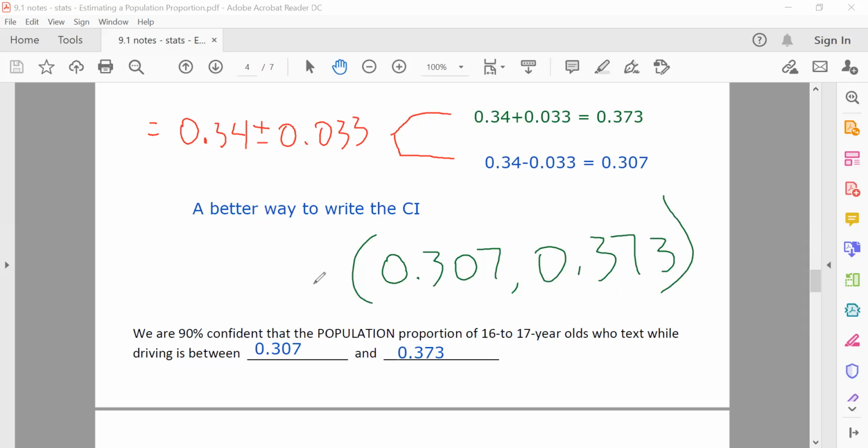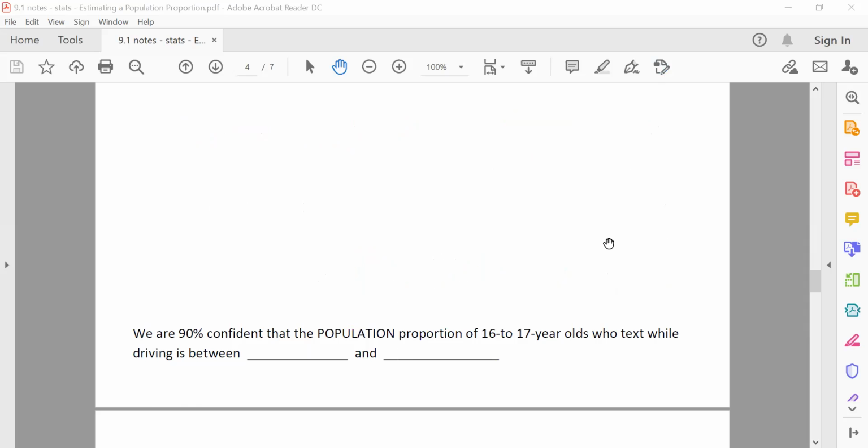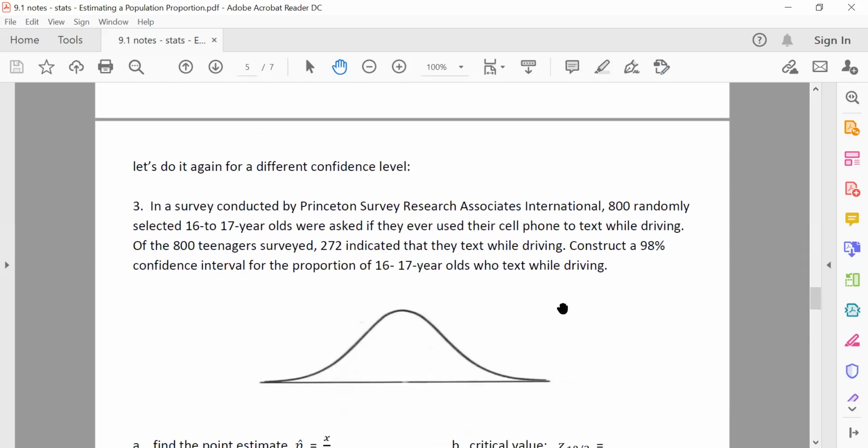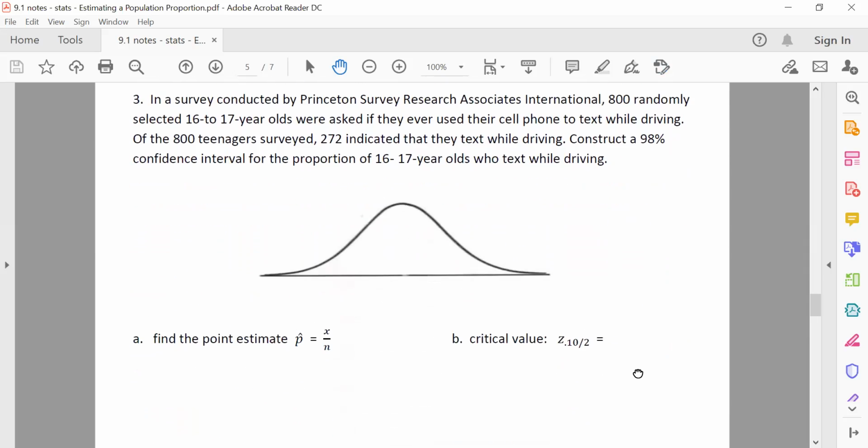In this case, we're 90% confident that the population proportion falls between 0.307 and 0.373. That's all a confidence interval is. It's an interval estimate as opposed to a point estimate. So again, the hard part is getting the z-score. Once you know what the z-score is going to be, it's not so bad.